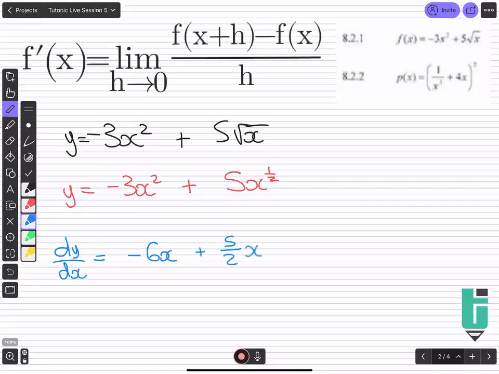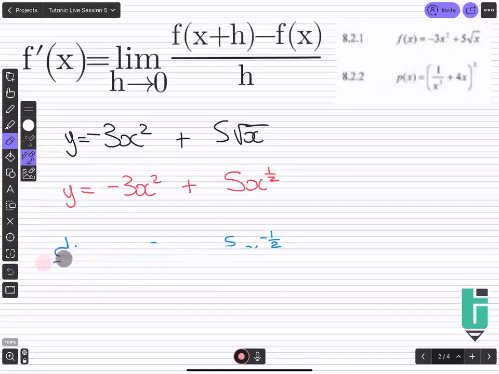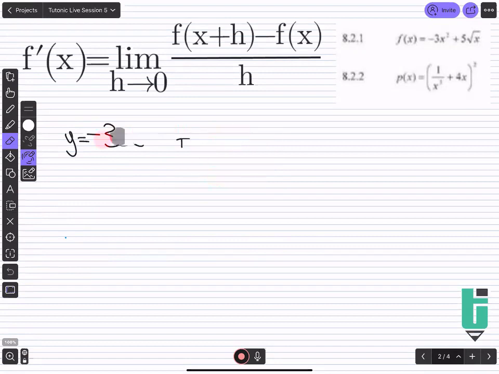Then x to the... what's the exponent going to be? Negative a half. Yeah, negative half, because we're subtracting 1. And so we just multiply by the base and we multiply by the exponent and we subtract by 1, okay?